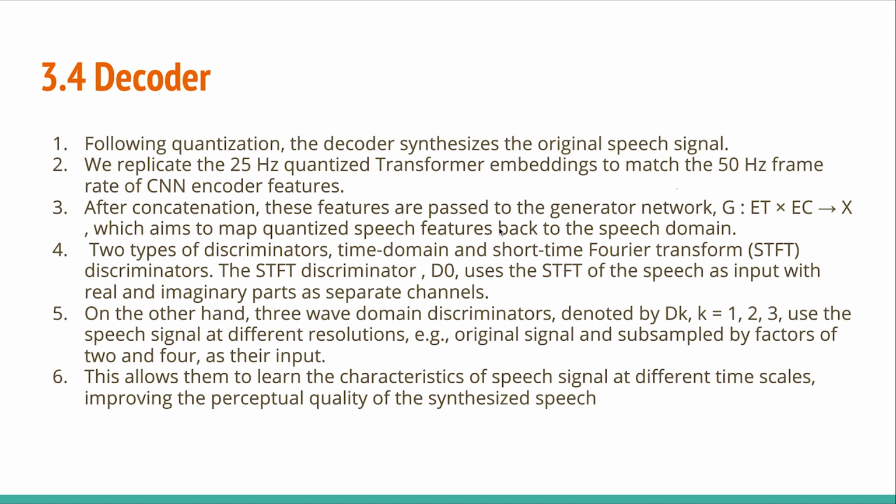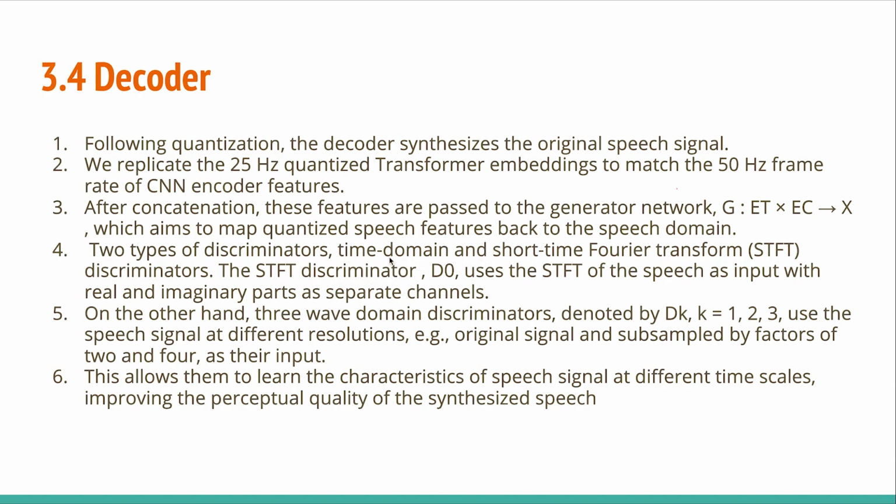In this paper, they are using multiple discriminators just to make sure the generated audio is high quality and has a very good perceptual score, right? They are using two different types of discriminator. One operates in the time domain and one operates in the Fourier domain, right?